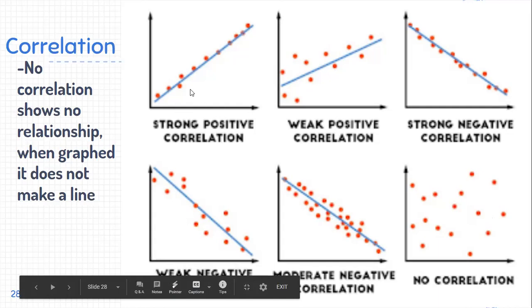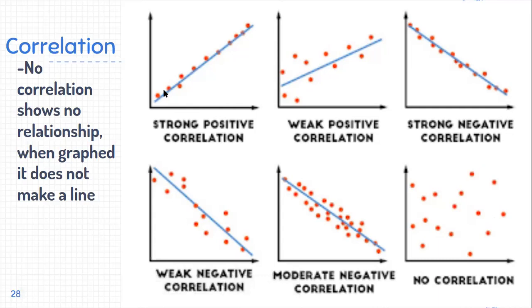But either way, if it goes up, so this would be like in SAT scores, right? Let's say your SAT scores are on the y-axis, your grades are on this. This high of an SAT score will get this high of grades, like a perfect SAT score and they have all A's.